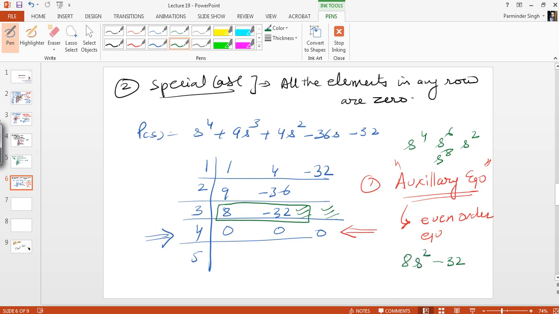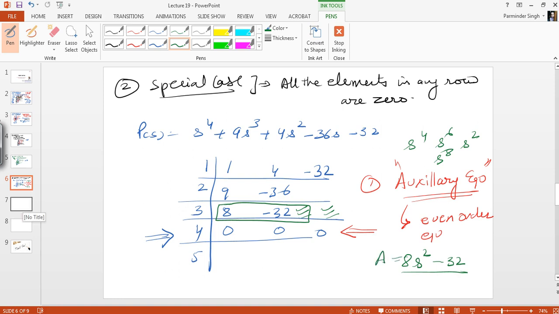We said it's an even order equation, so the powers are s^2, s^4, s^6 and the constant. The last element is the constant, and the leftover element becomes the coefficient of s^2. So 8s^2 minus 32 is our auxiliary equation. Let's call it A.